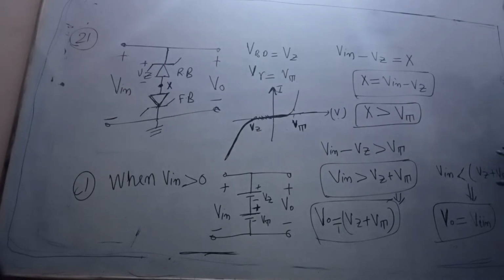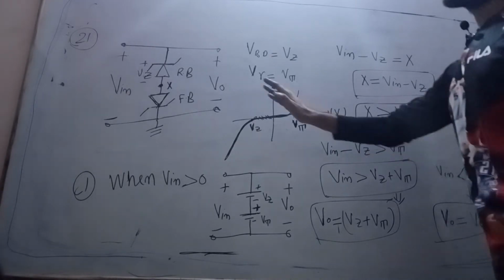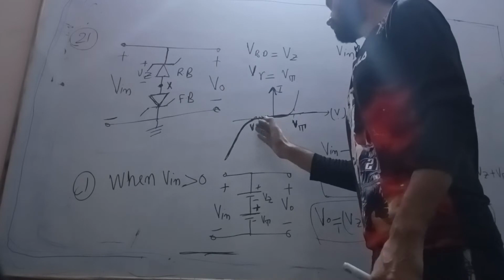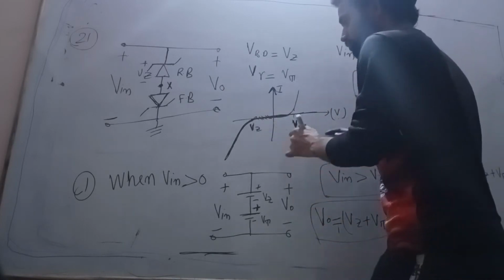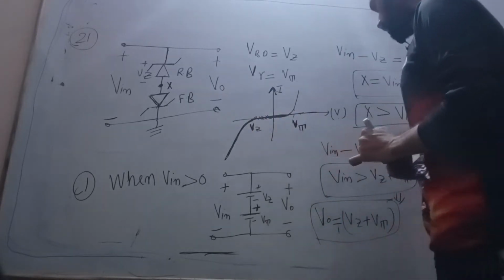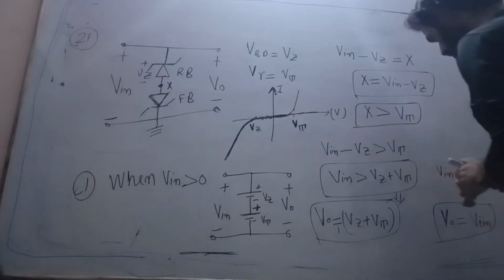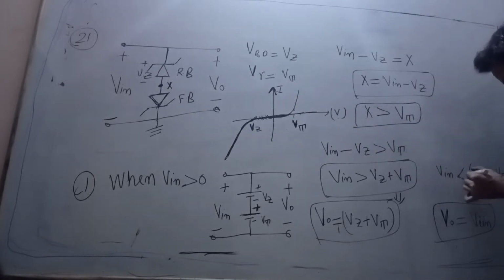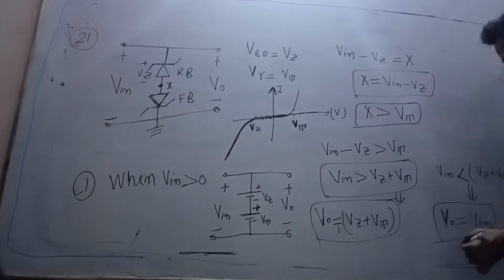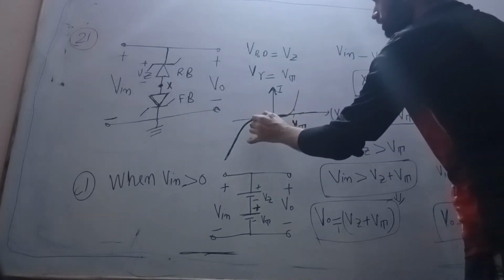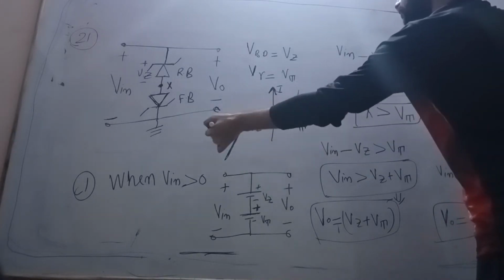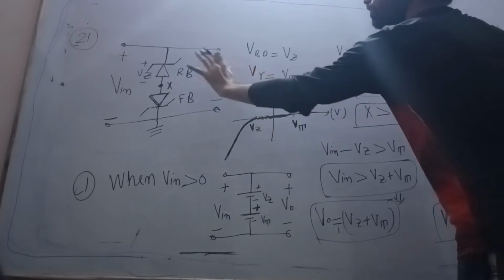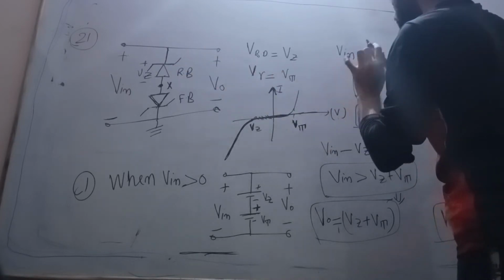Whatever Vt is doesn't matter if V in is less than Vz plus Vt. Above that, the clipping voltage becomes Vz plus Vt. This is for a single zener diode.